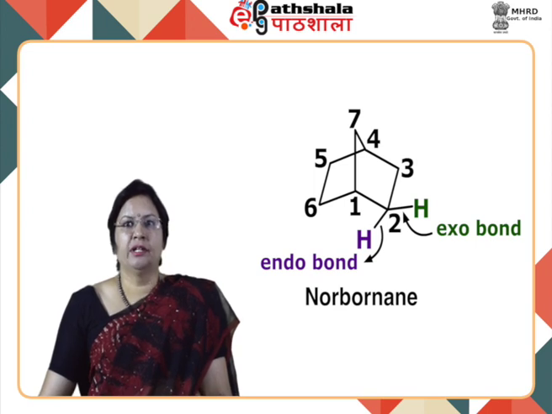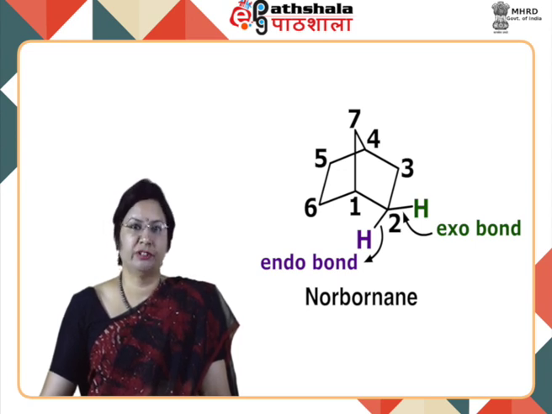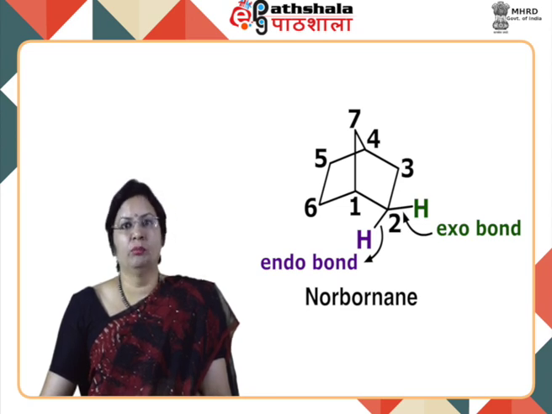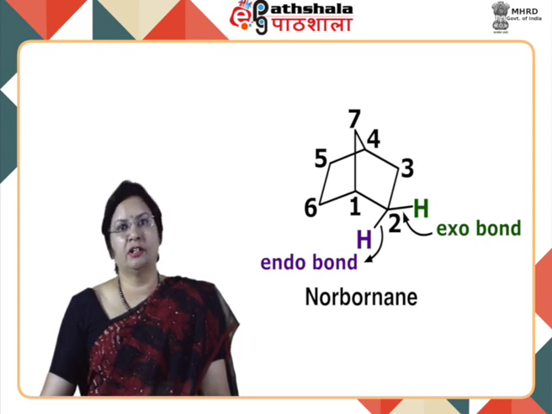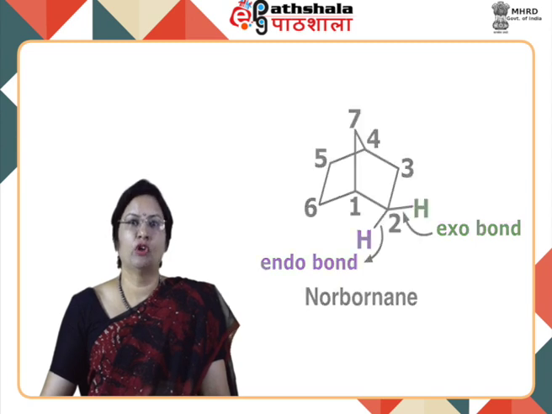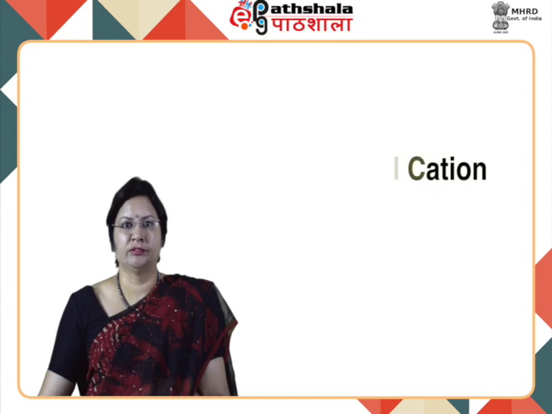For example, in many radical substitution reactions, out of the exo and endo, it is the exo product which is produced preferentially. So there is too much which needs to be seen in context of exo and endo positioning while we are understanding the reactions of Norbornane. Now let us move to the Norbornyl cation.